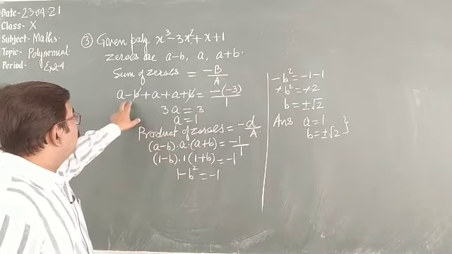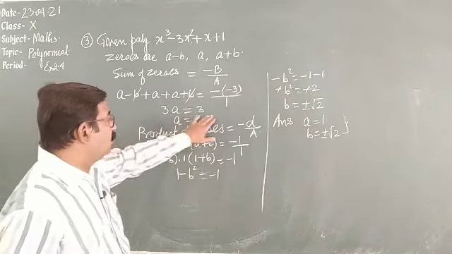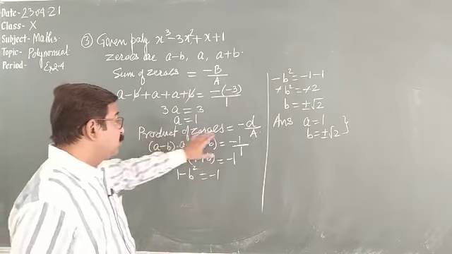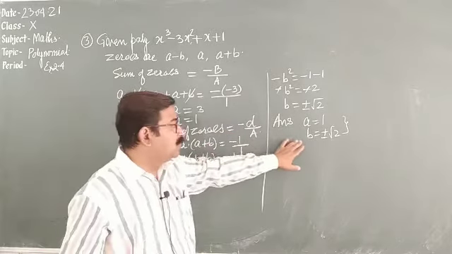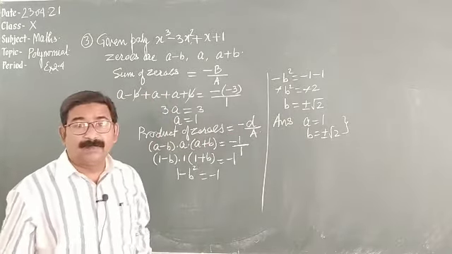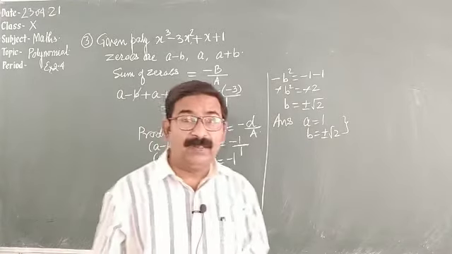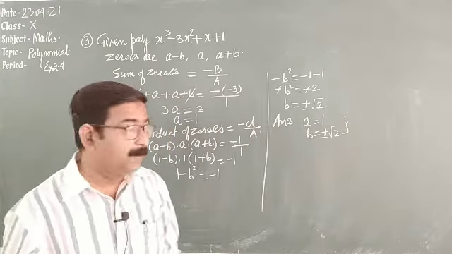We put the sum, we have got the value of a, and after that we can apply product of zeros, minus D upon A, and after getting the solution, we can get the answer, right? So you can pause the video to note down the solution.